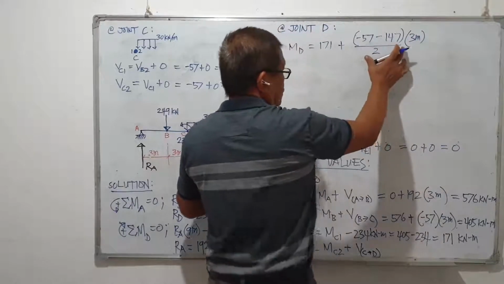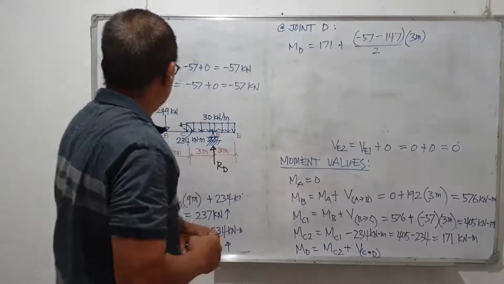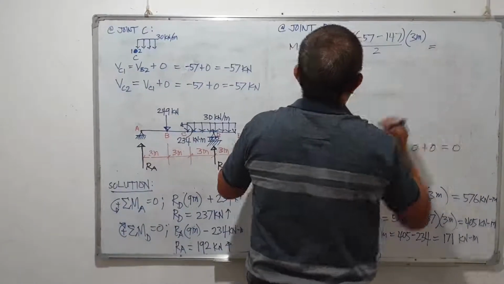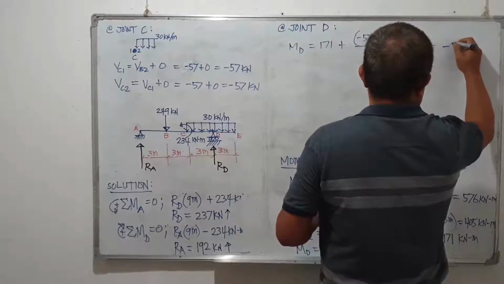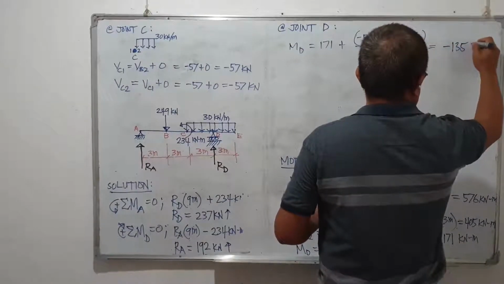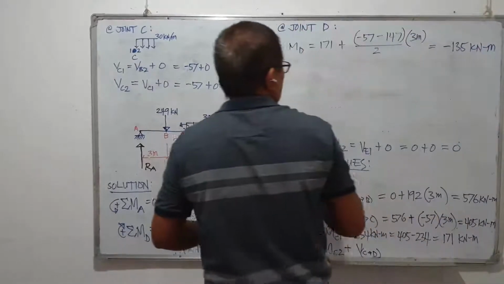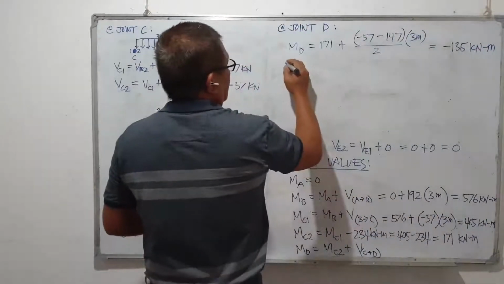This is the area of the trapezoidal shear diagram, and this will give us the moment at D in kilonewton-meters.